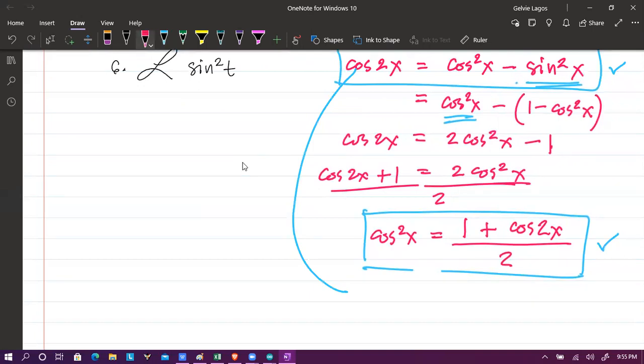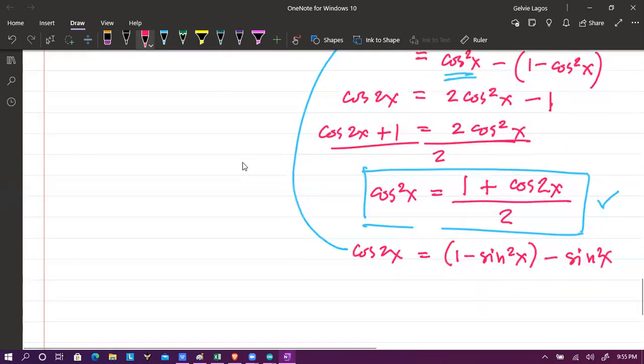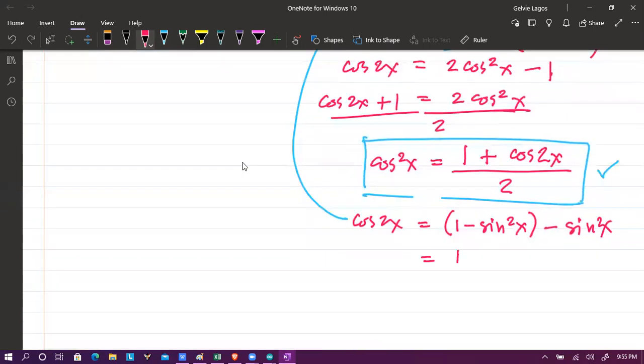We have cosine 2x, but this time we will change cosine squared x into 1 minus sine squared x, minus sine squared x. So simplifying further, this will become 1 minus 2 sine squared of x equal to cosine of 2x.